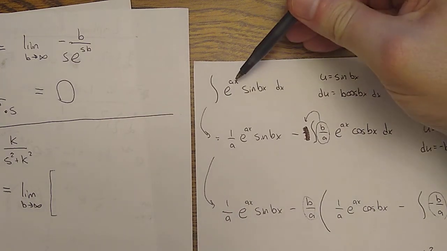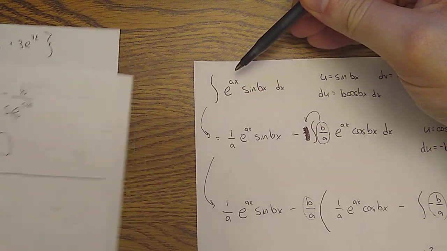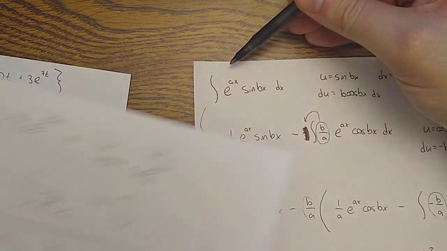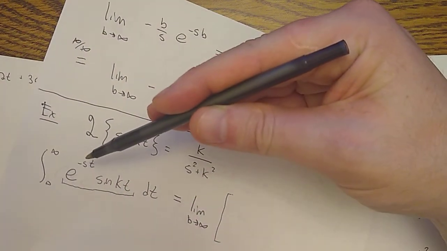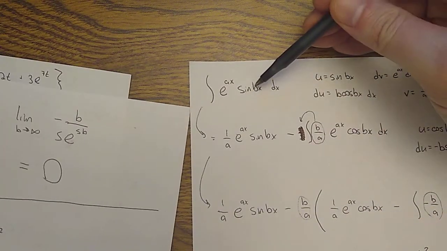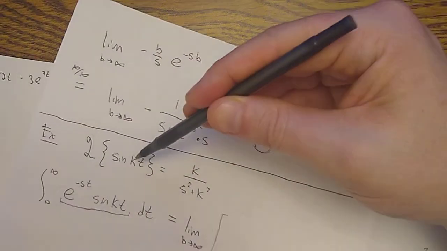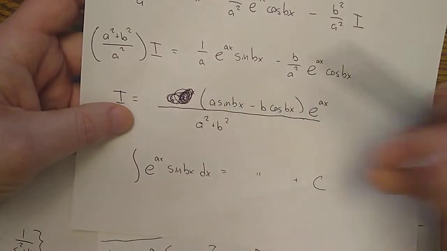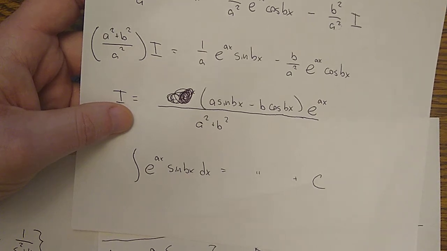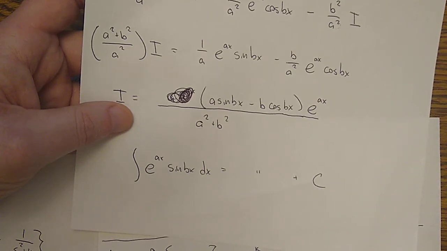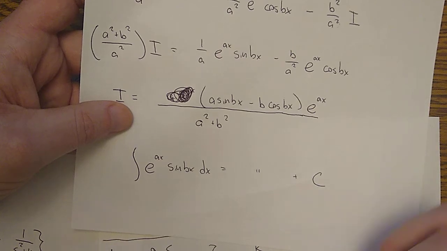So basically, I'm looking at this, except instead of a, I have negative s, and instead of b, I have k. So I am going to write this answer down, and once again, instead of a, I have negative s, and instead of b, I have k.